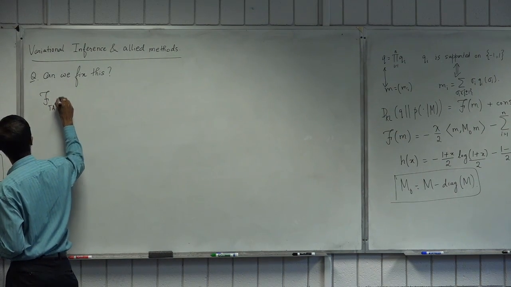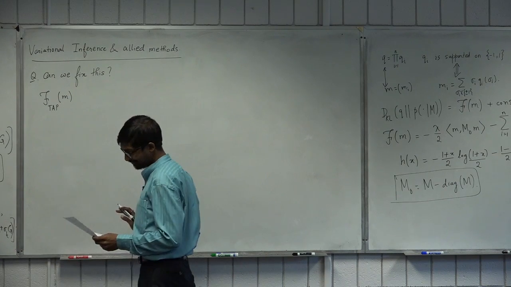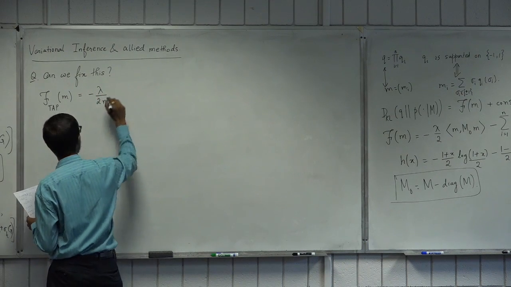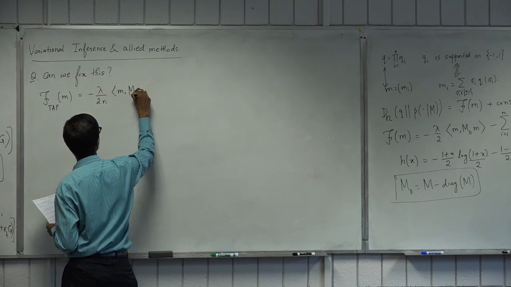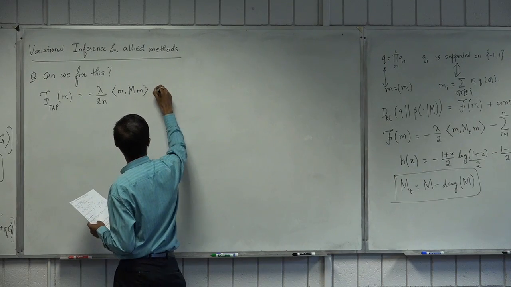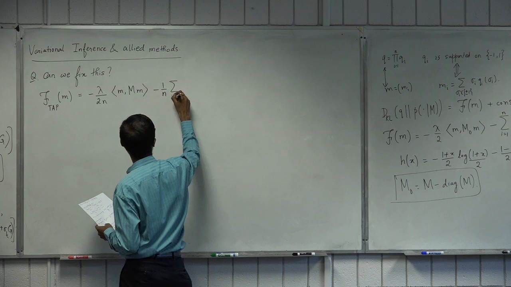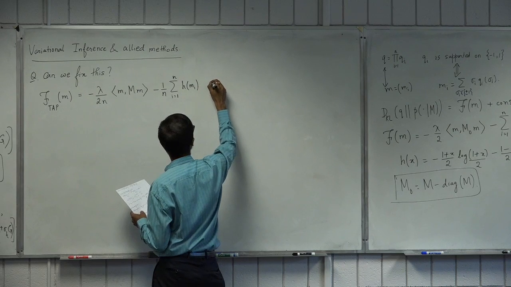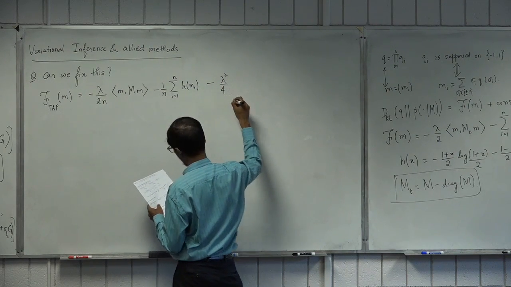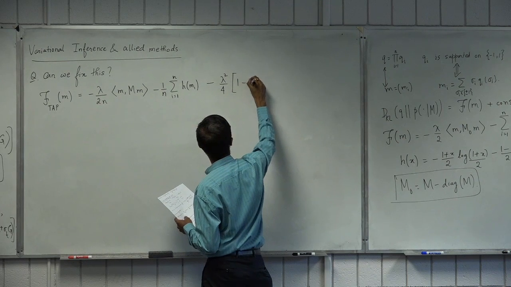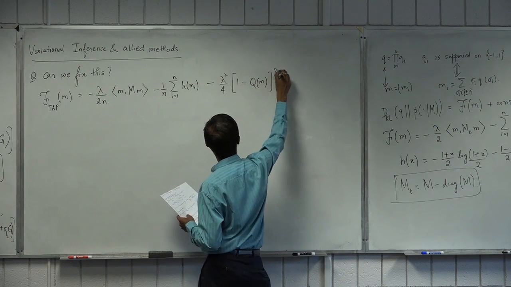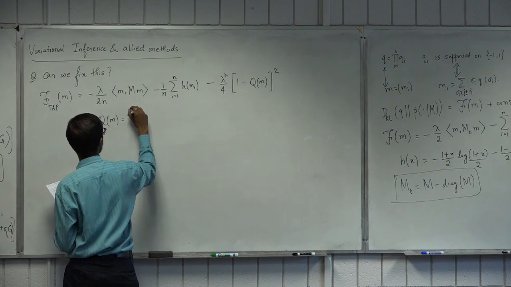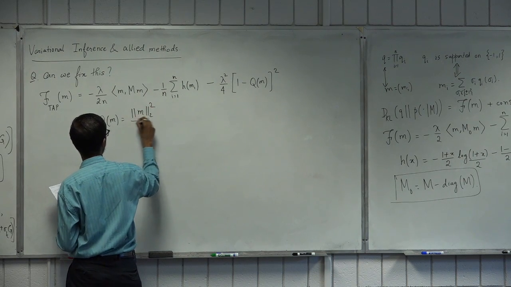Instead of considering that function, I'll come up with a new objective function, which is basically like negative lambda on 2n, m big M little m, minus 1 on n, sum i from 1 to n, h of m_i, and minus lambda squared on 4, 1 minus q of m squared, where q of m is basically the L2 norm of m square over n.